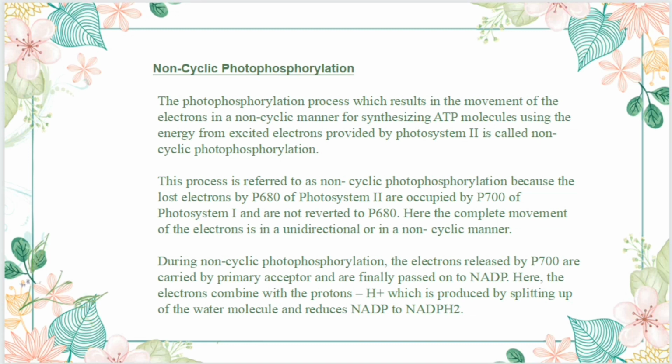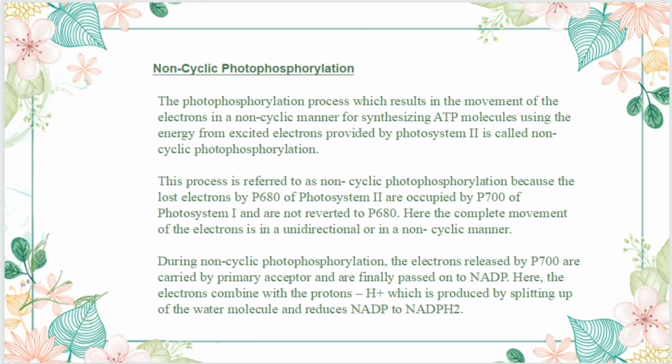This process is referred to as non-cyclic because the electrons lost by P680 of photosystem 2 are occupied by P700 of photosystem 1 and are not reverted to P680. Here the complete movement of the electrons is unidirectional, or non-cyclic.